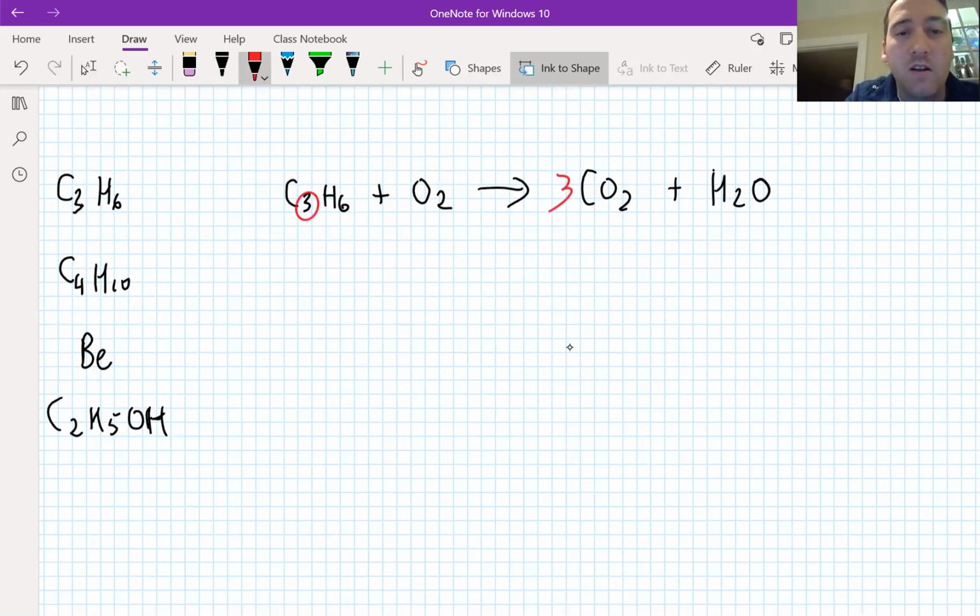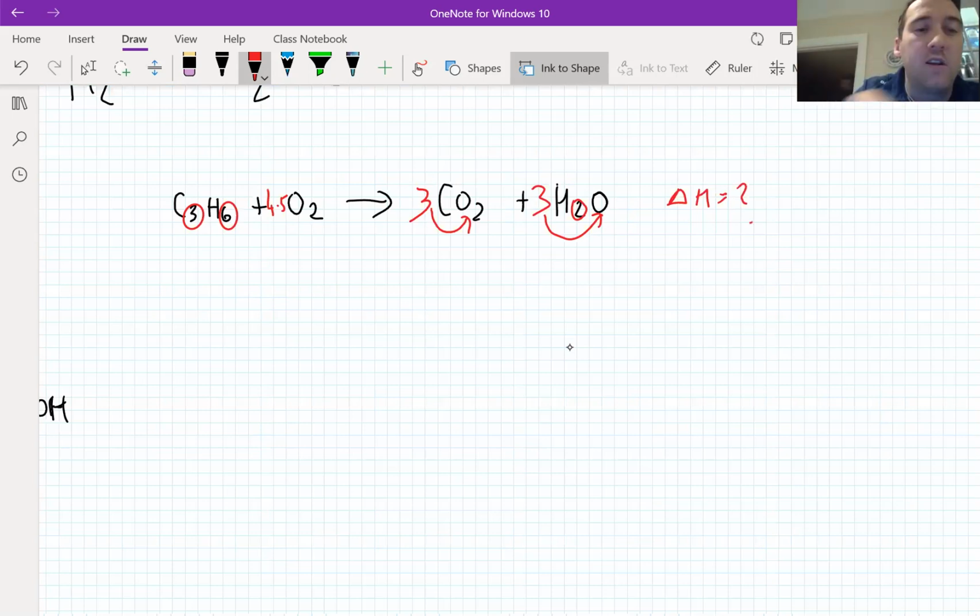There are 6 hydrogens here, and there are only 2 here. So this needs to be a 3. And then there are 3 times 2, which is 6. And there are 3 times 1, which is another 3. That's 9. So this will be 4.5 O2s. So C3H6 plus 4.5 O2 gives you 3 CO2 plus 3 H2O. And with a delta H equal to question mark here.